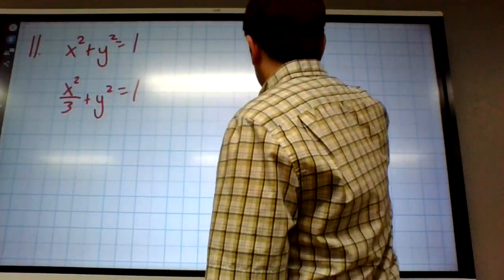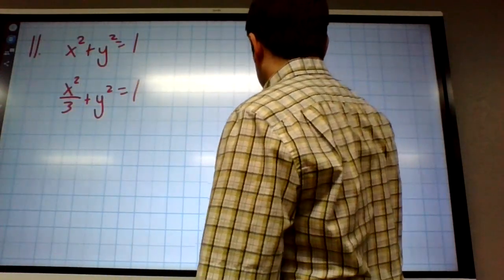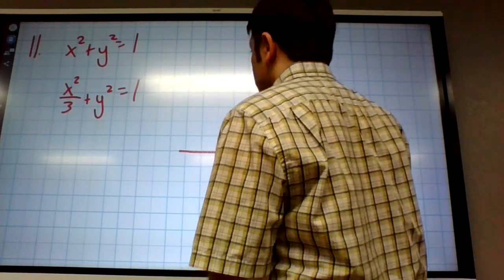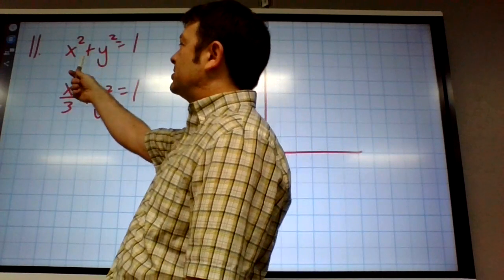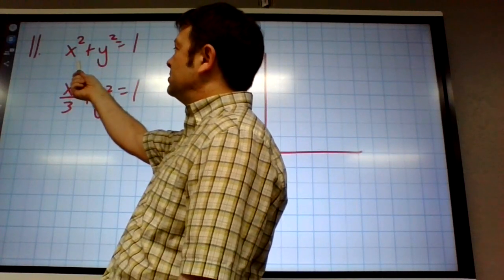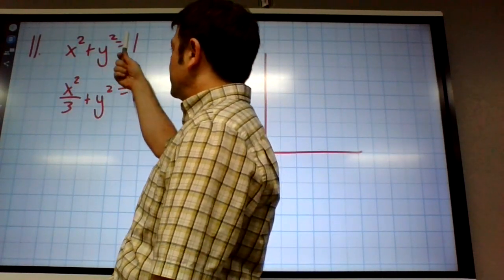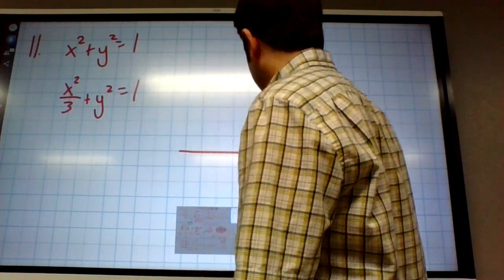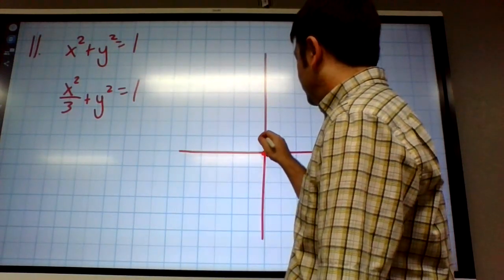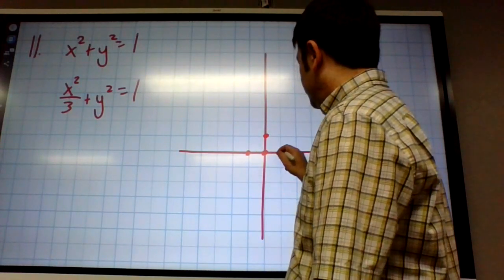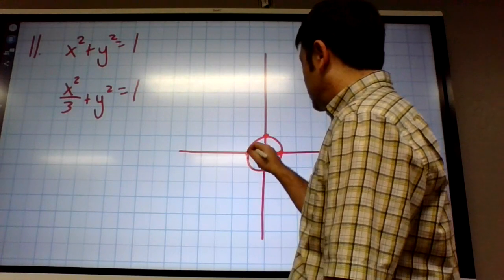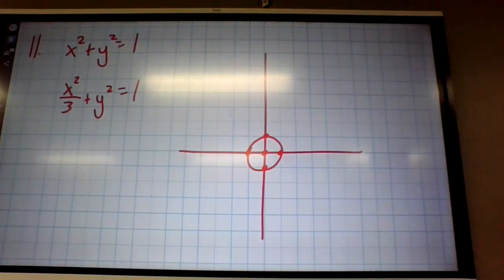Okay. So from yesterday, what's that circle going to look like? What's the center of the circle? That's the origin, or 0, 0. What's the radius? 1. Yeah, square root of 1 is 1. So it's a very small circle. The center's at 0, the radius is 1.